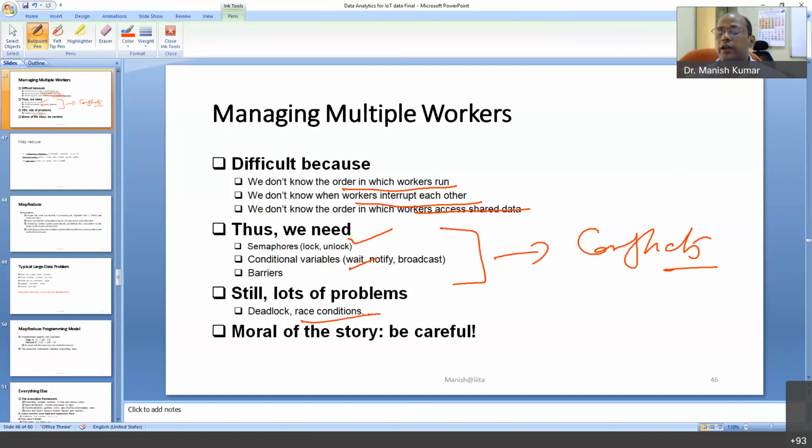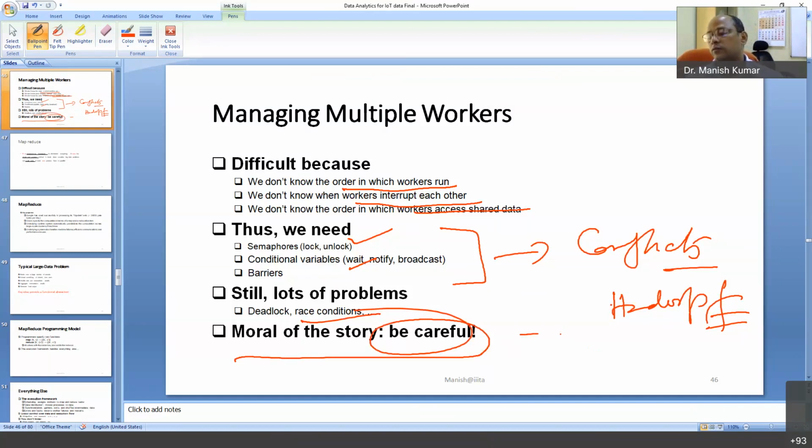But still we have race conditions, deadlocks and so on. So the Hadoop framework provides you a lot of abstractions as a user, but it still says to be careful while implementing any application on such a framework, because there is always the possibility of problems occurring at any stage of execution.